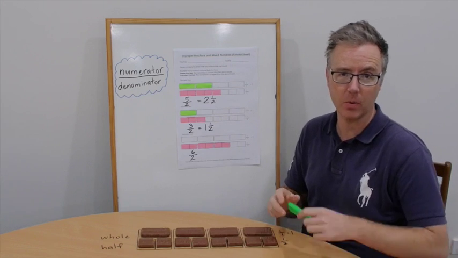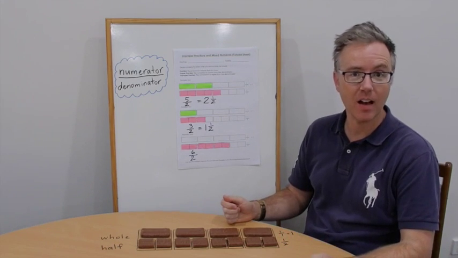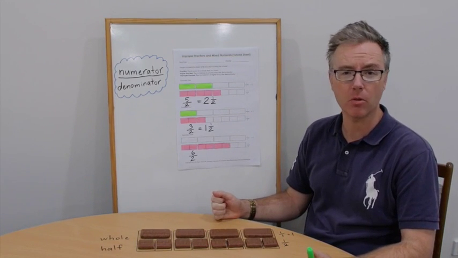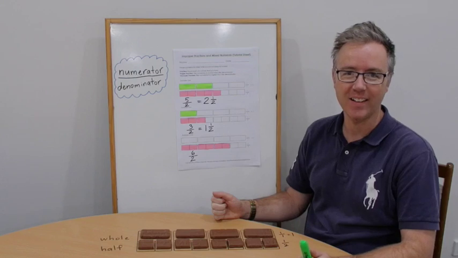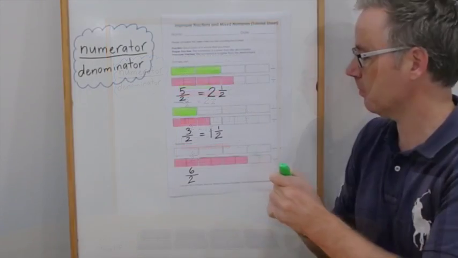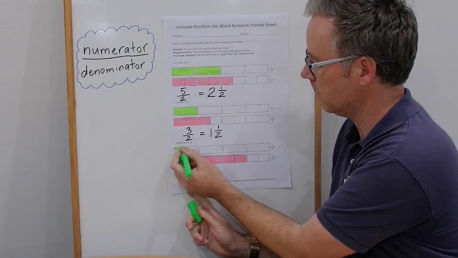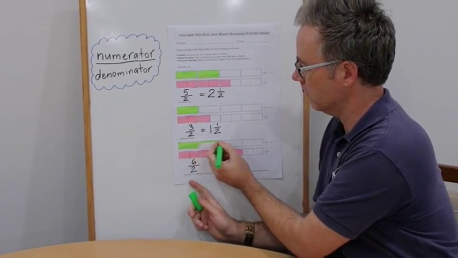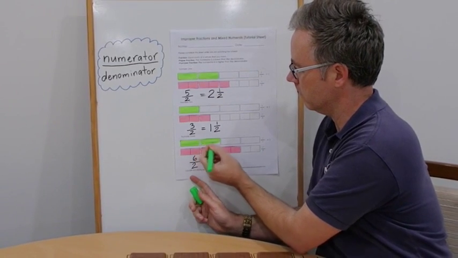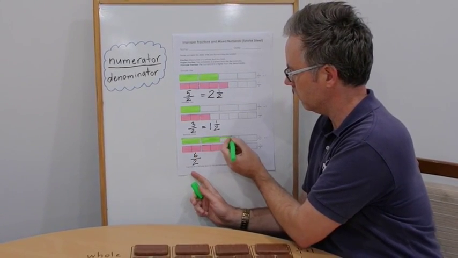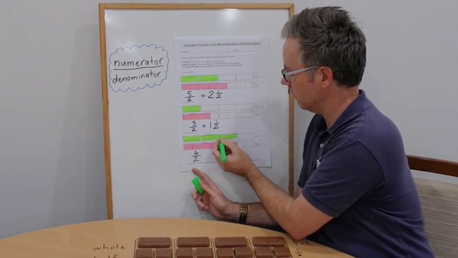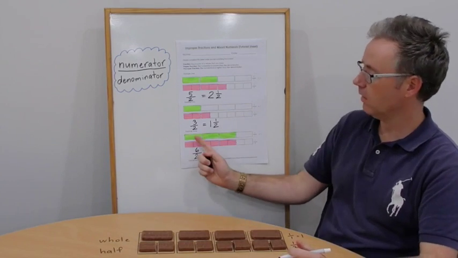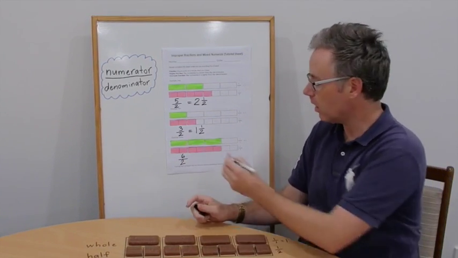The final example, 6 halves. 2, 4, 6 halves. Let's see how we would write that in the form of a mixed numeral. 1, 2, 3 wholes.